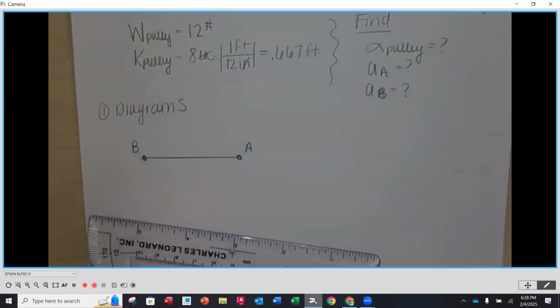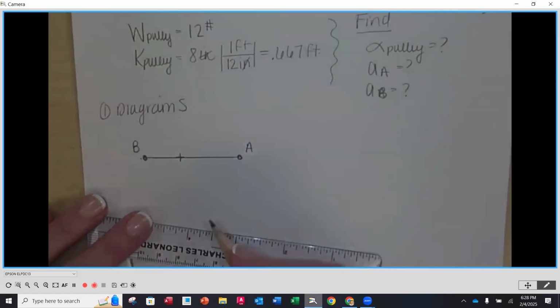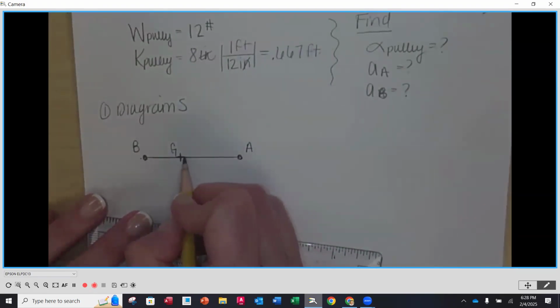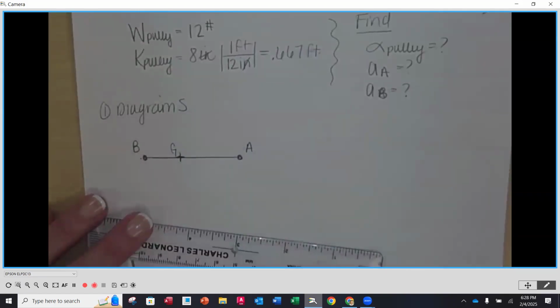If you look at the distribution, our G is going to be closer to B. So this is going to be point G, the center of rotation. A is further out and B is closer.